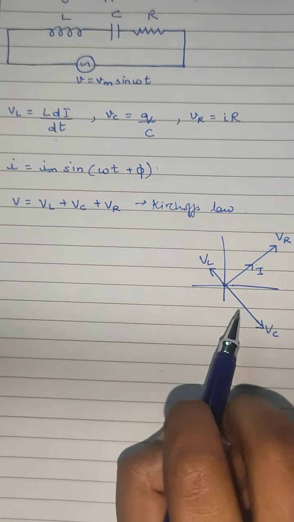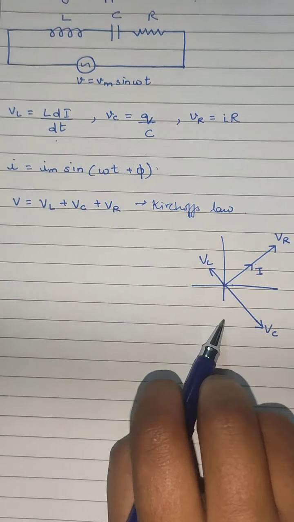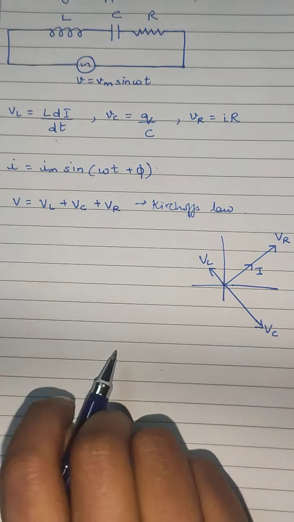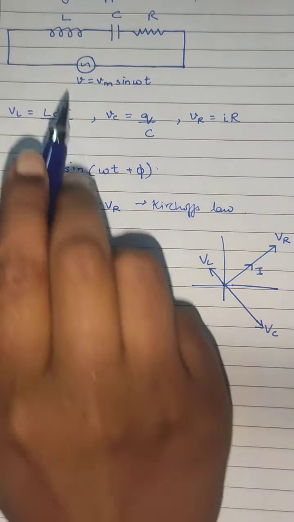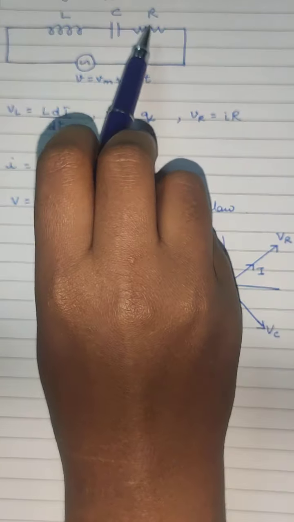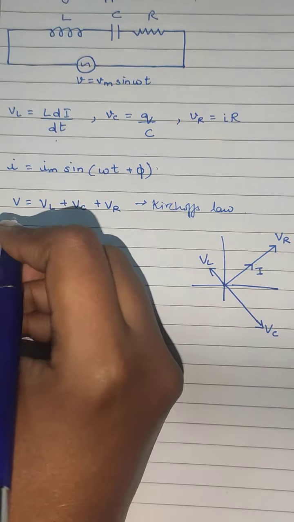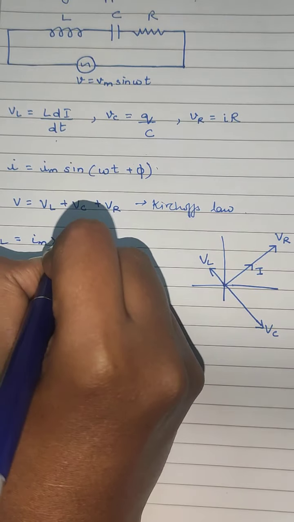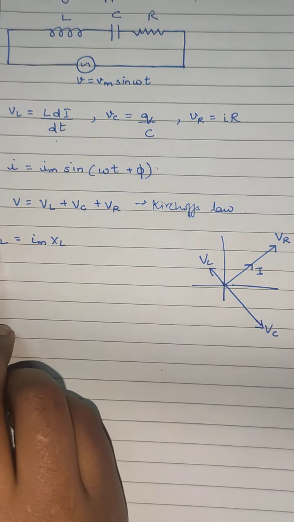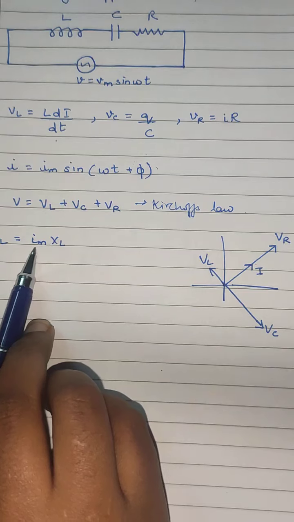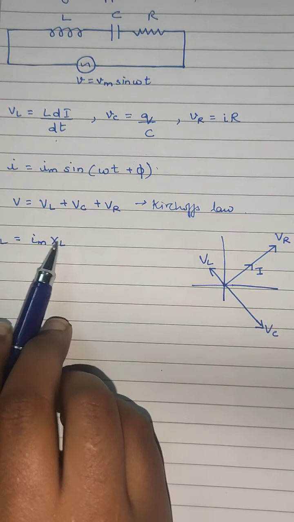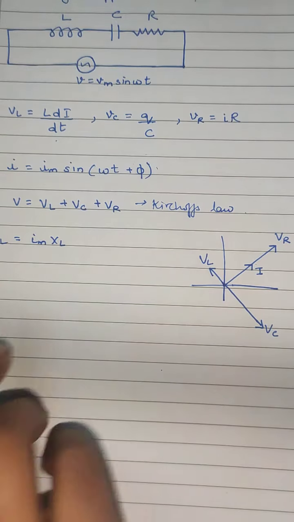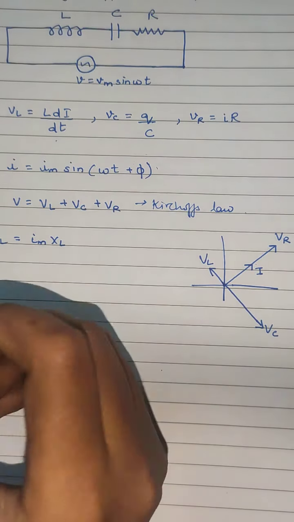Now this is the phasor diagram for an LCR circuit. But before that, we will write down the peak voltages for the inductor, capacitor and resistor. The peak voltage for the inductor is VL equal to Im XL, the peak current into XL, where XL is the inductive reactance. This we have done in the previous derivations.